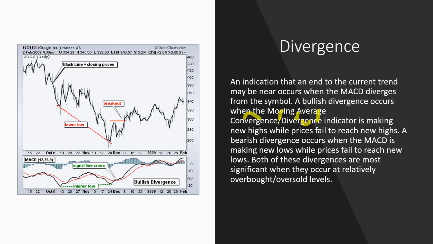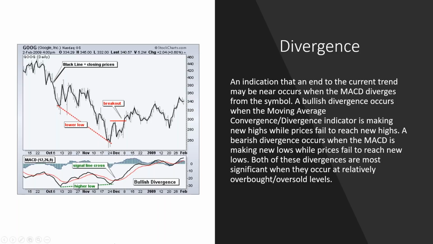And then lastly, we get divergence. Divergence is a very good indicator, except it's a very difficult indicator to interpret. So an indication that the end of the current trend may be near occurs when the MACD diverges from its symbol.